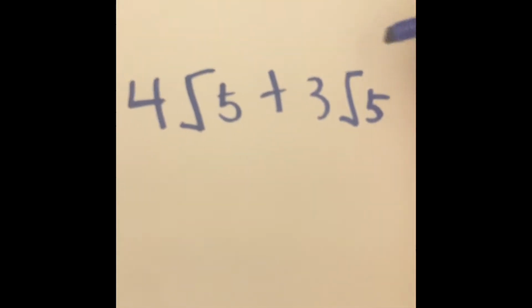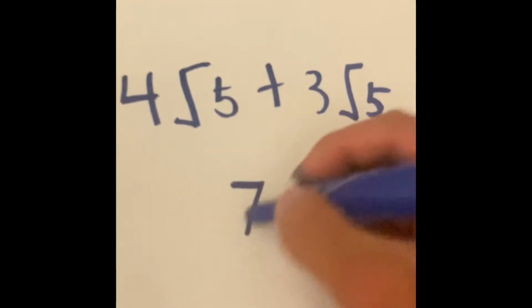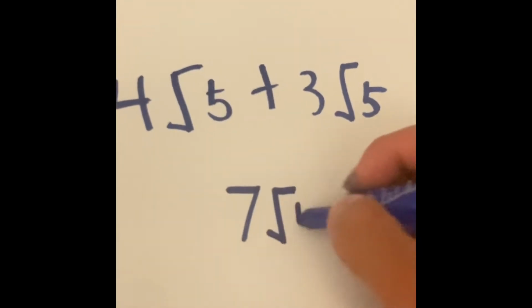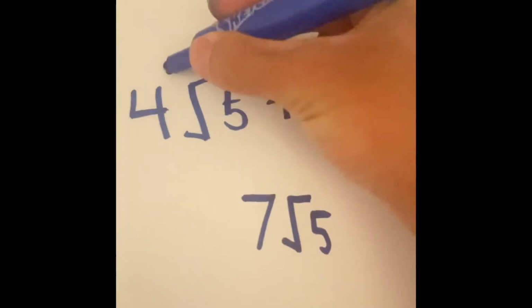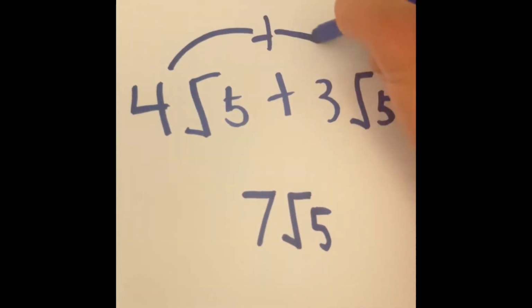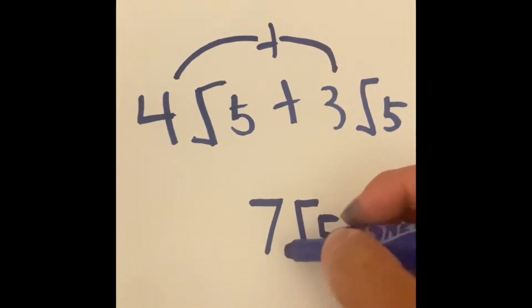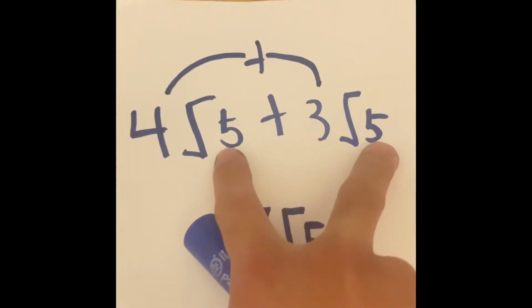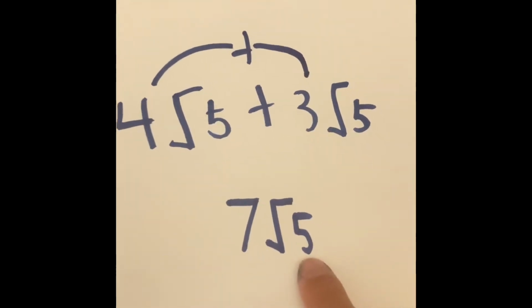We can merge the two to write the answer as 7 times the square root of 5. What you do is add the 4 plus 3 to get 7, because the square roots of 5 are the exact same thing.